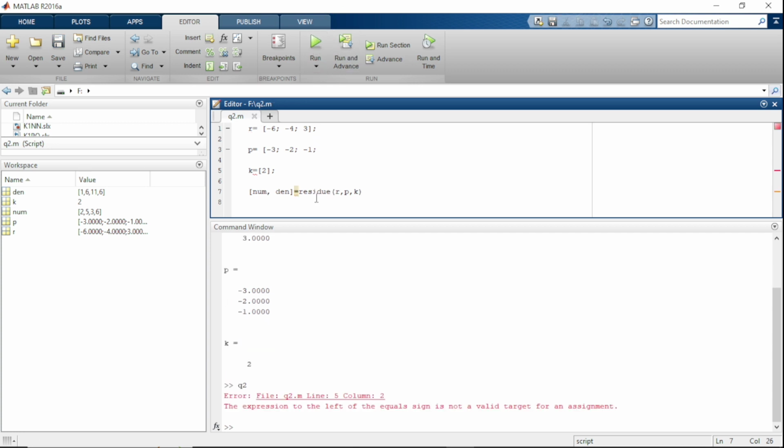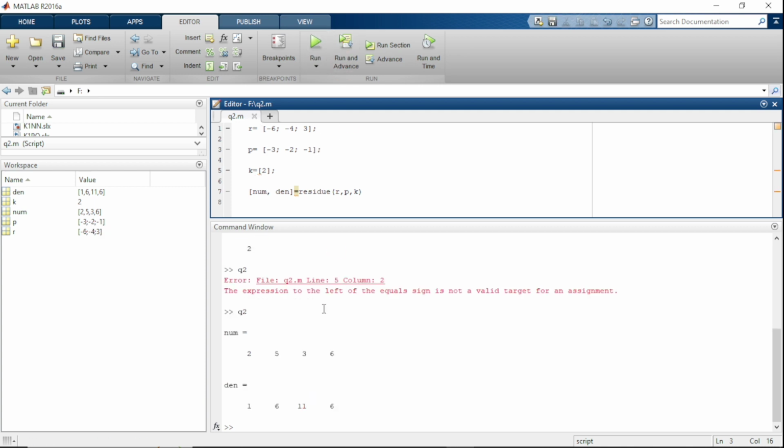You can easily get the result. Okay, so here you can see, now you can get the numerator coefficients are 2, 5, 3 and 6, and next is 1, 6, 11 and 6.